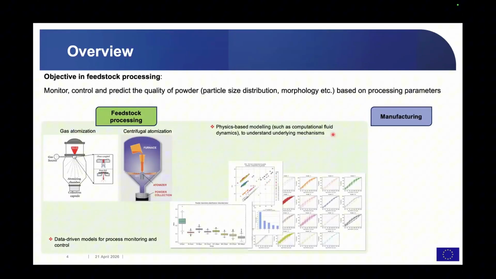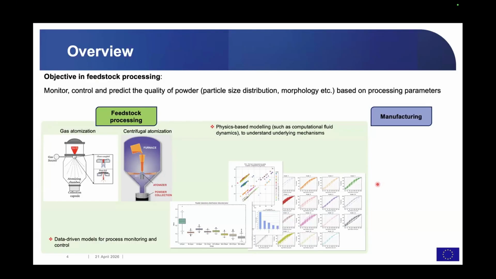As we saw in the nice video at the beginning of the webinar, even before going to the manufacturing itself, you have lots of feedstock processing, during which a lot of waste can happen. So if I roughly classify what REPAM is doing, first we need to consider feedstock processing, which is mostly powder processing, like gas atomization or centrifugal atomization.